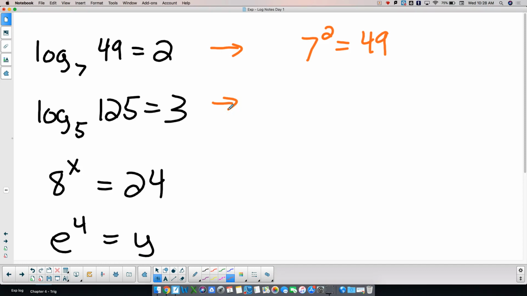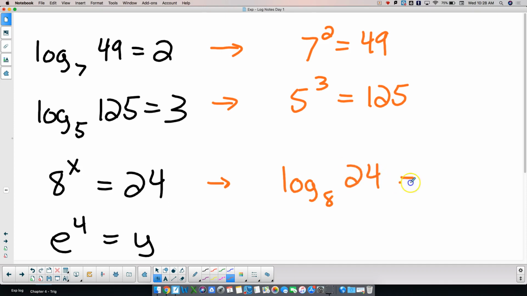Here you should have gotten 5 cubed is 125. Yes? Here you should have gotten log base 8 of 24 equals x. Yes?